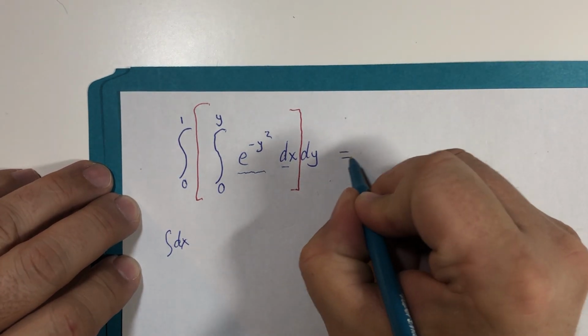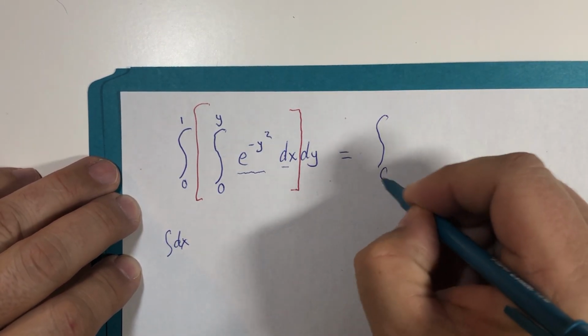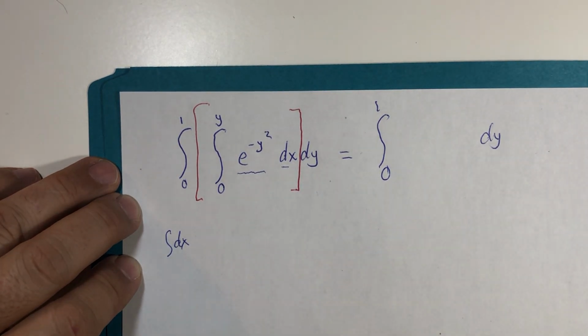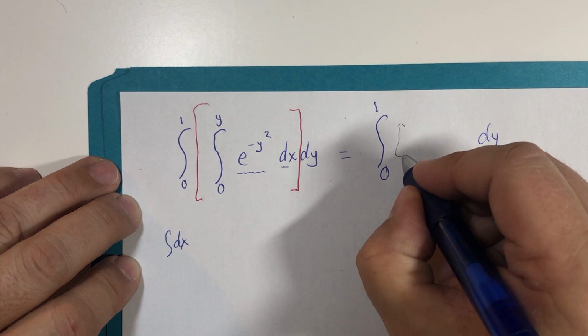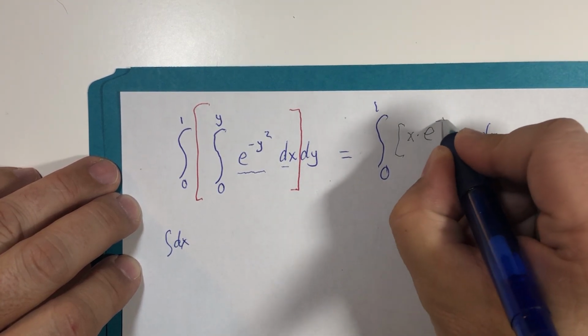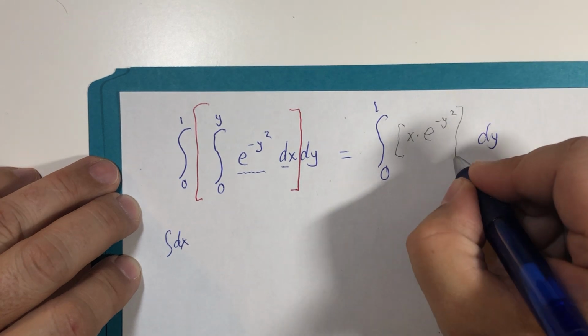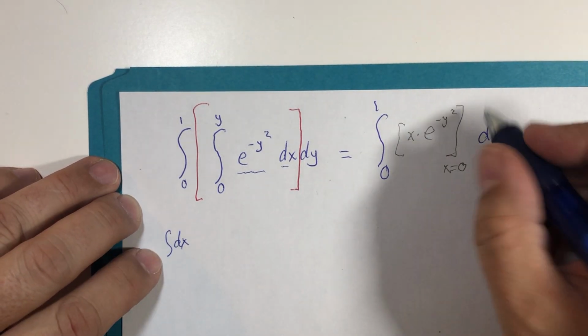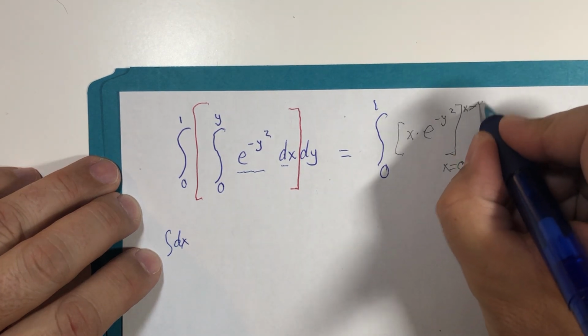So this will become, from 0 to 1, dy still remains, x times the constant e to the negative y squared, and the x boundaries go from 0 to x equals y.